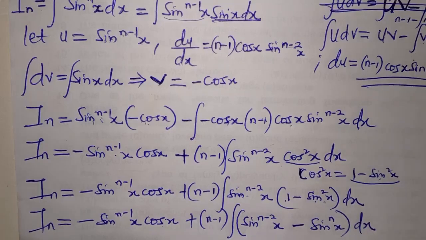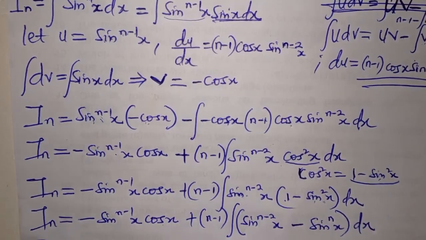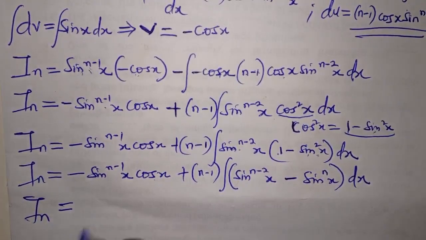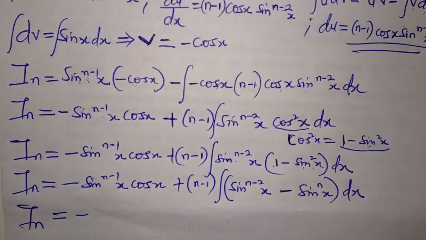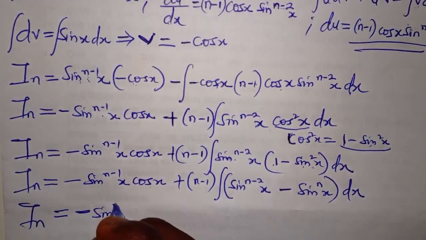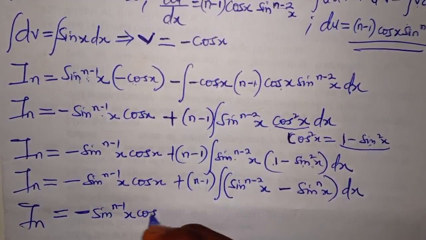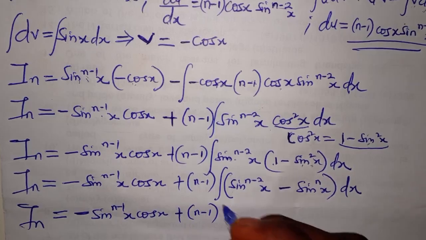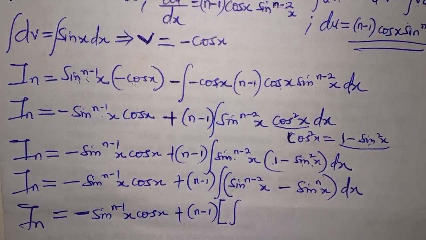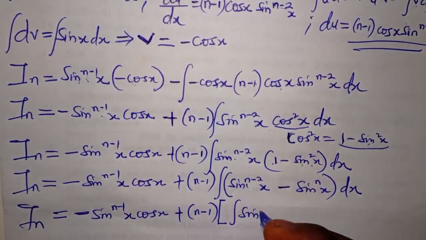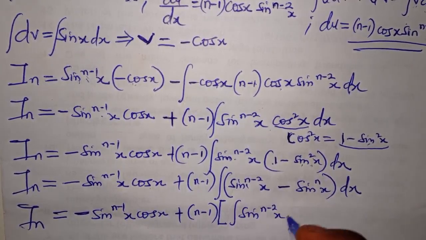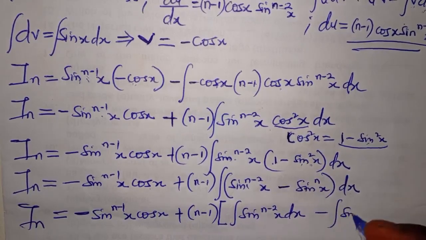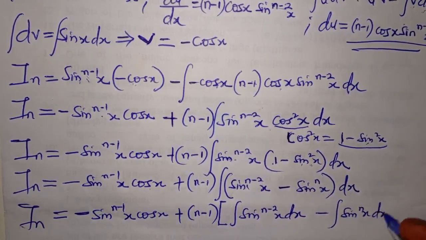If I split this integral, I sub n will be equal to minus sine to the n minus 1 x cos x plus n minus 1 all into the integral of this dx minus the integral of this dx.